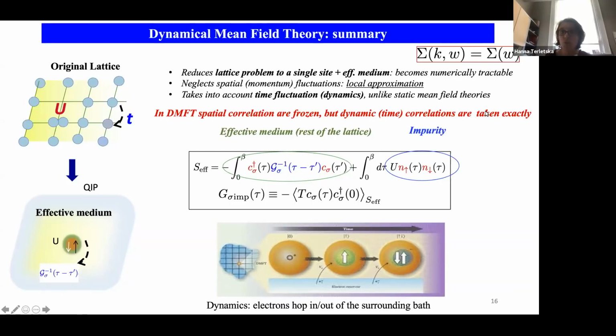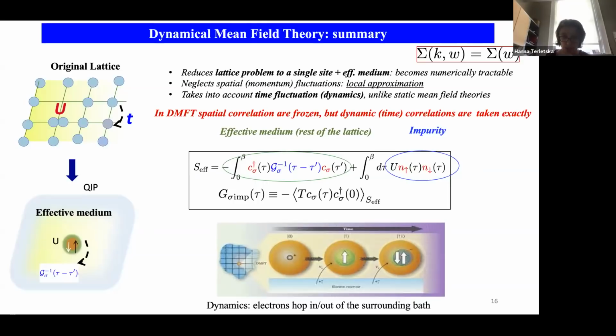So they are dynamic quantities, but they are not functions of momenta. So we neglected spatial fluctuations, and as a result, we map our problem from lattice to impurity, and that impurity problem is now described by this effective action. And our goal is just to calculate the impurity Green's function from this effective action.